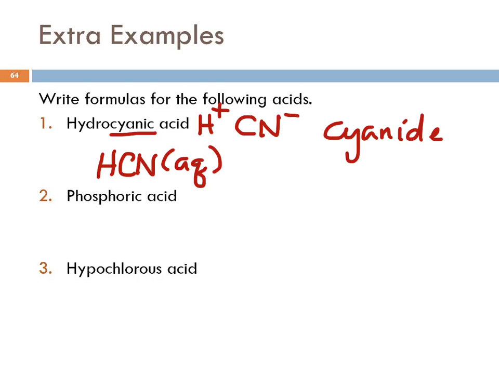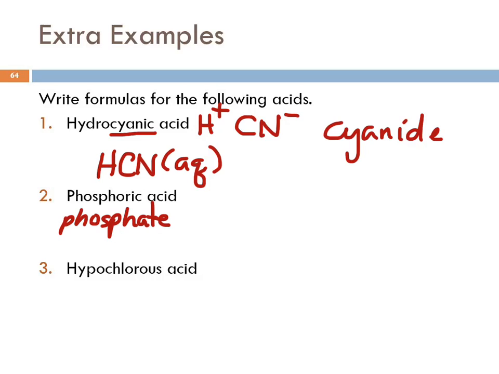Phosphoric acid. Oxyacid or binary acid? Oxyacid, because it doesn't start with hydro. So we've got this ic ending. Ic comes from ate. So this is from phosphate.